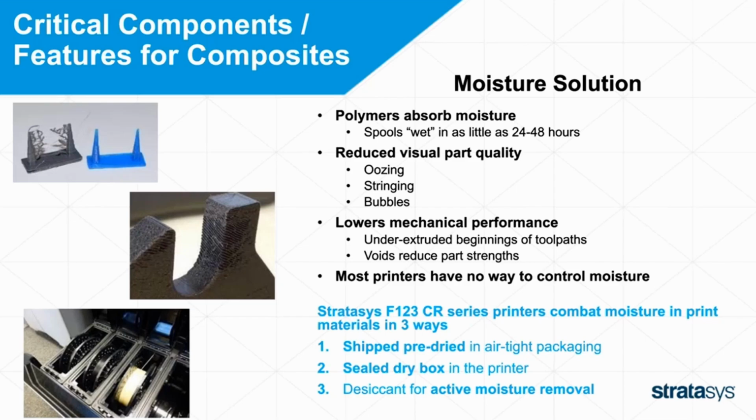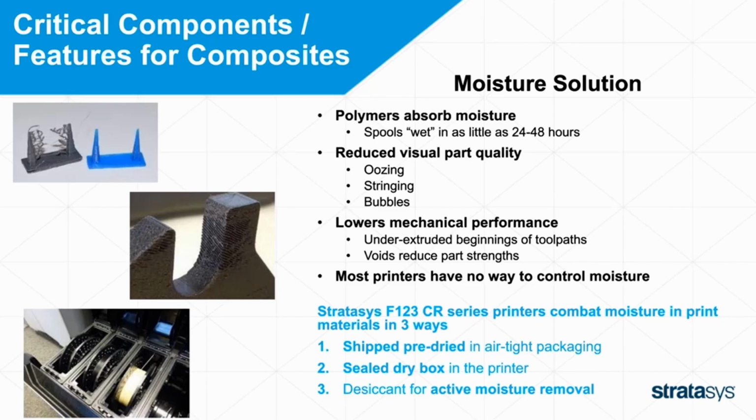You get oozing, stringing, and bubbles. You can see in the top two graphics on the left, that's stringing between a couple of towers. Because of oozing, you just have less control over the output, and it can give visual artifacts and rough surfaces.